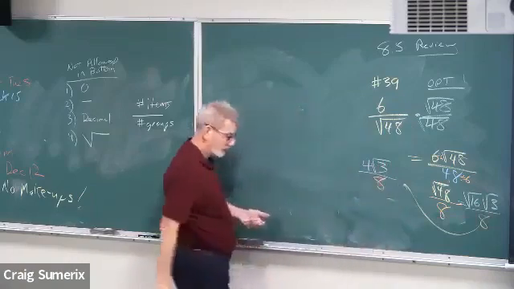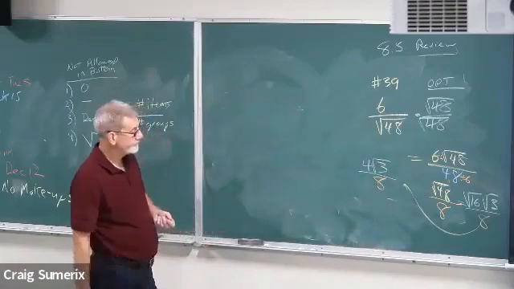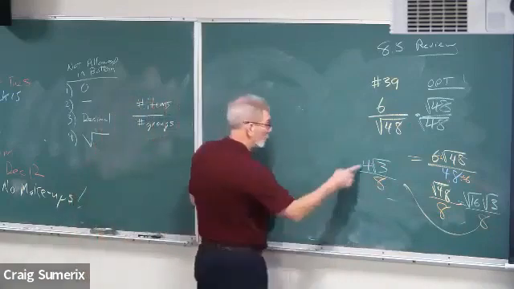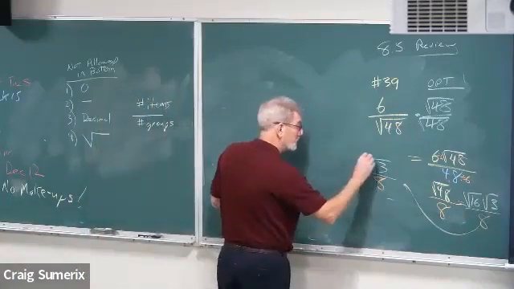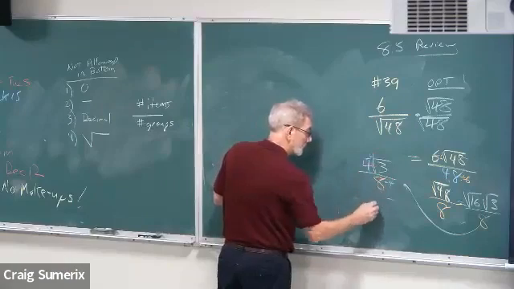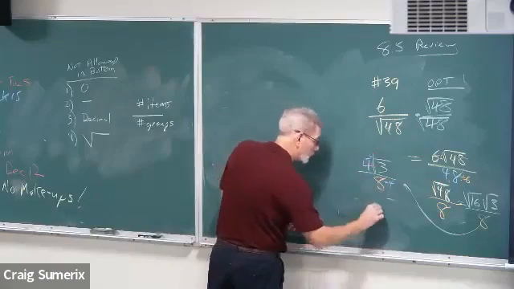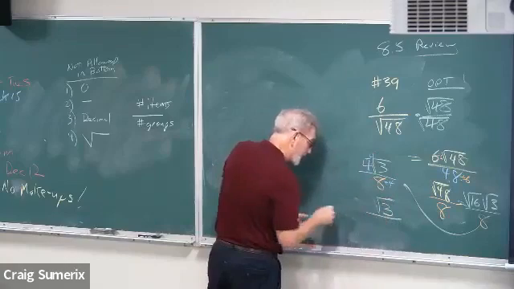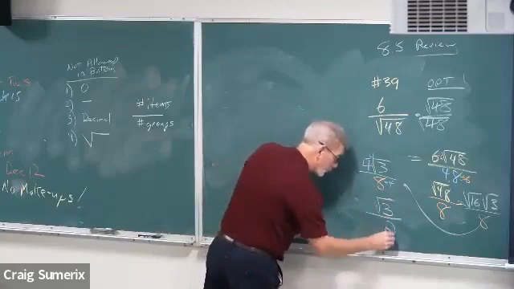Are we done yet? Well, 4 and 8 cancel, don't they? End up with square root of 3 on the top and 2 on the bottom.